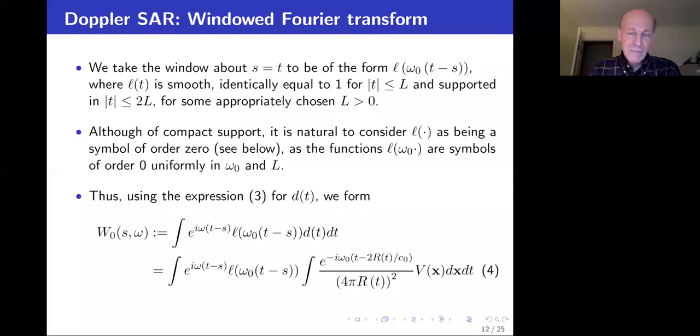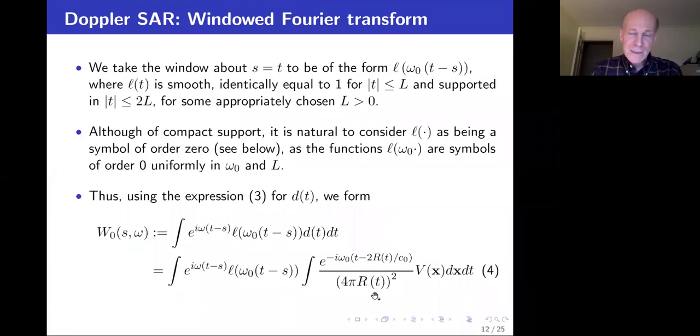Okay, so using the expression 3 for d of t from a couple of slides ago, and then applying this windowed Fourier transform, we produce a function that I'll call w sub 0 of s and omega, because we still have another thing to do, and it's given by this expression here. There's one more thing we need to do, which is to take the r of t that's in the phase and Taylor expand it about t equals s.